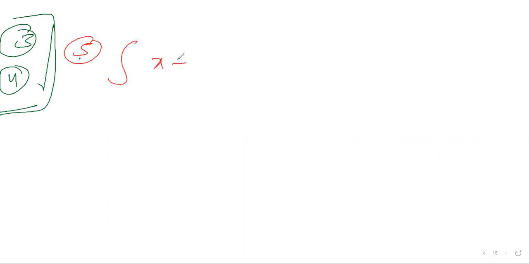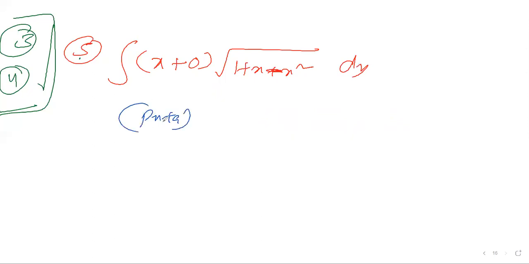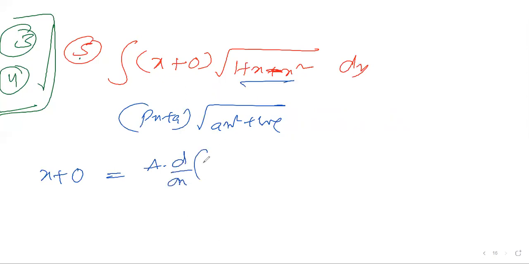The question is x. You can take x plus 0, nothing wrong in that, over under root of 1 plus x square minus x square. This looks like the same model: px plus q under root of ax square plus bx plus c. Same thing. px plus q, that is x plus 0, is equal to a into d by dx of the internal part of this. What is this internal part? 1 plus x square plus b.